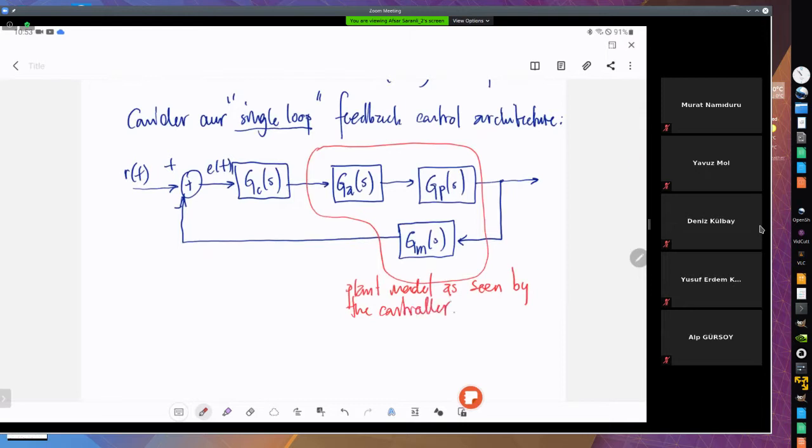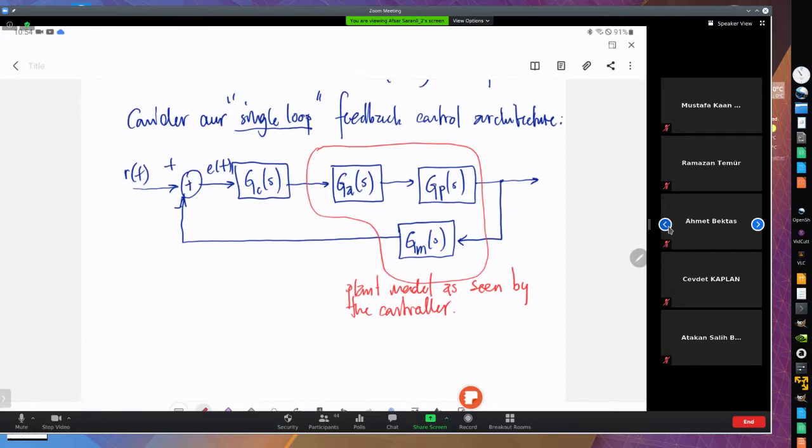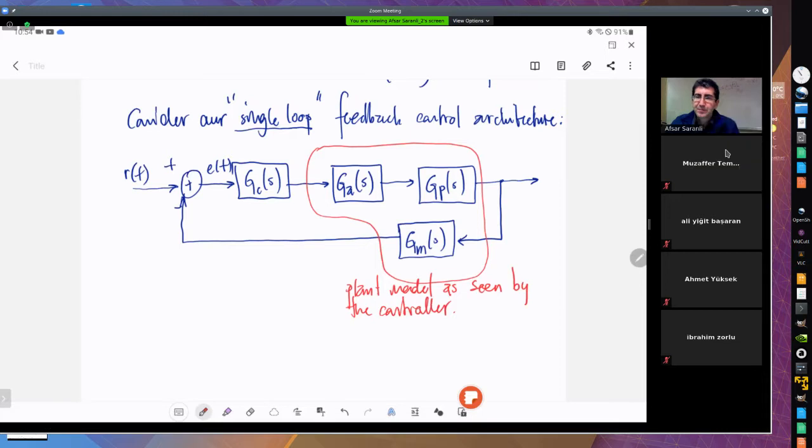Remember this wire out to wire in concept. Okay, we incorporate this as simply collecting all of these modules together in the form of a single transfer function, which we often call the plant transfer function. Okay.